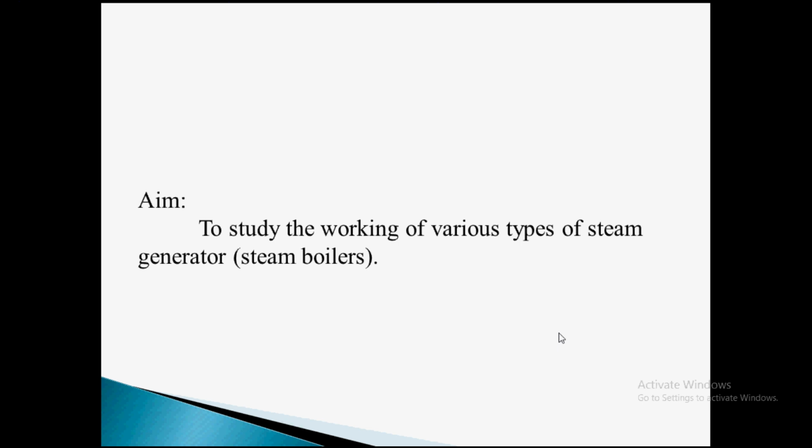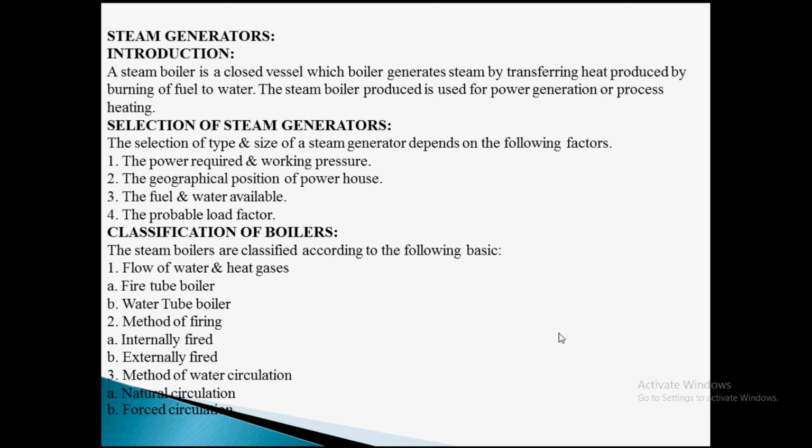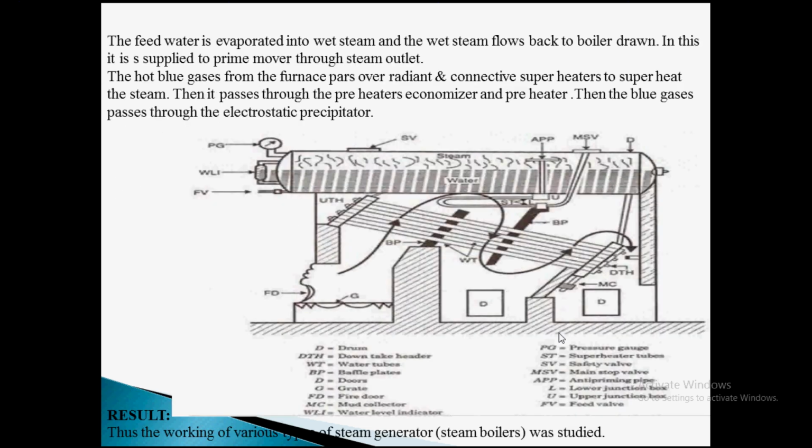From the boiler drum, the feed water is circulated to a number of tubes in the furnace where the fuel is burnt. The feed water is evaporated into wet steam and the wet steam flows back to the boiler drum. From there it is supplied to the prime mover through the steam outlet. So this is a schematic of your boiler.